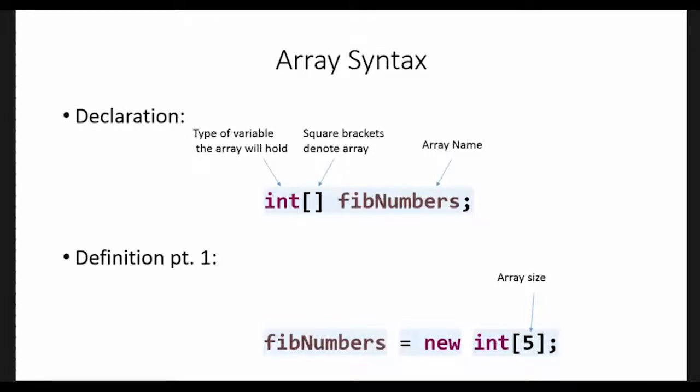This is the first thing you have to do when you want to define an array. But now we've got a spot for 5 integers, but we don't actually have 5 integers. We've only got the space for them. So we need to tell the array what specifically we want it to hold. So here's one way we could do it. There's a few different ways. So we could do this. fibNumbers, square bracket 0. So yeah, this is what you were talking about, Matt.